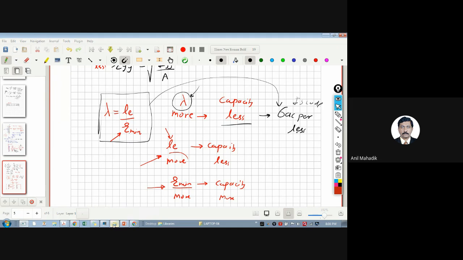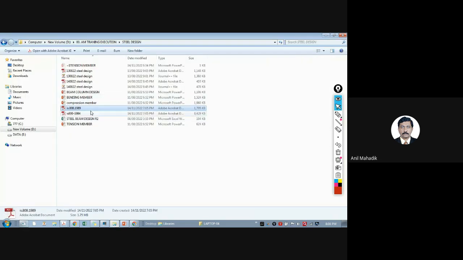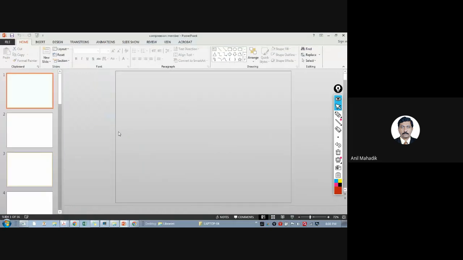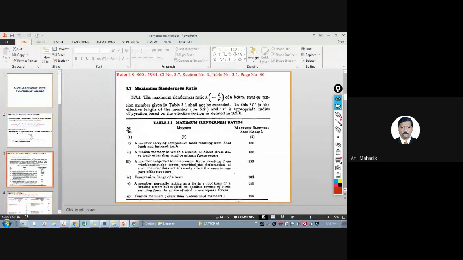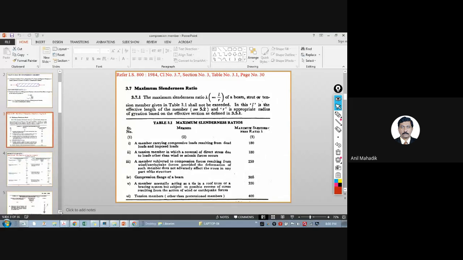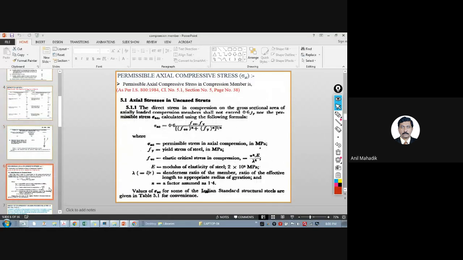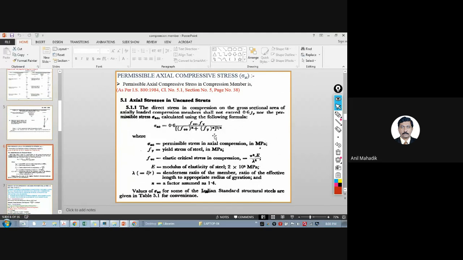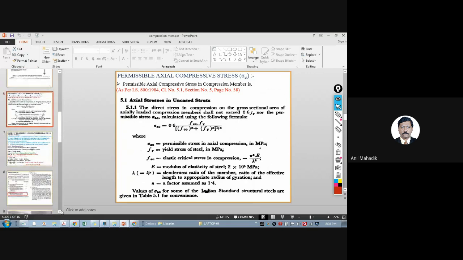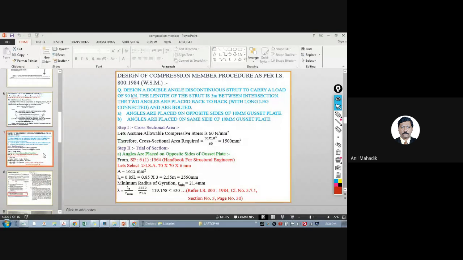Now let's go to the example. So this is clear to all of you. We will share this PPT to all of you. So we get this permissible value from this formula, but we are getting directly from the table itself. अभी कैसे करेंगे बताओ?